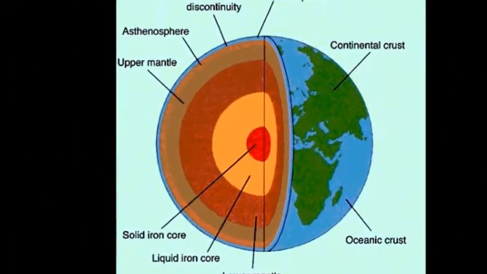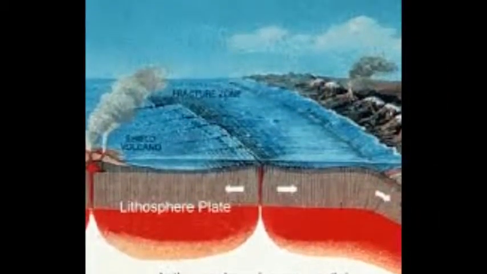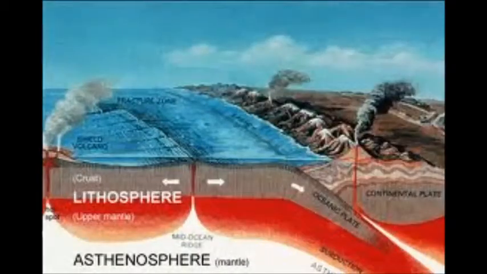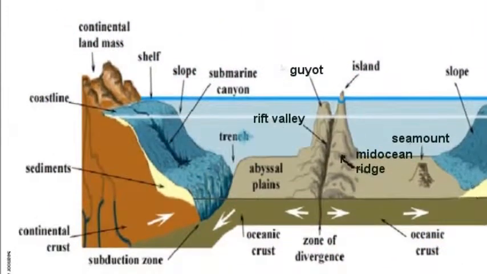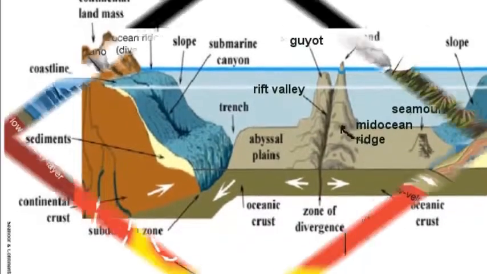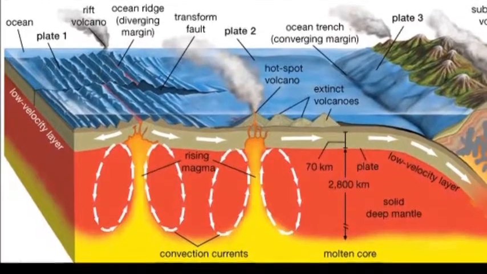A tectonic plate is, therefore, a rigid shell of the Earth's crust. They support and carry the continents and form the ocean floor. The movement behavior of these plates is termed plate tectonics.